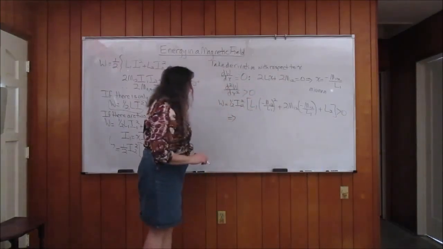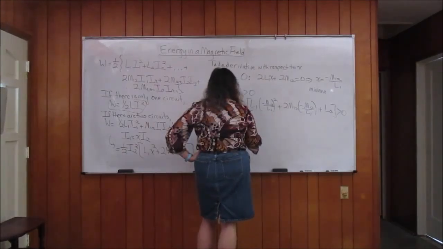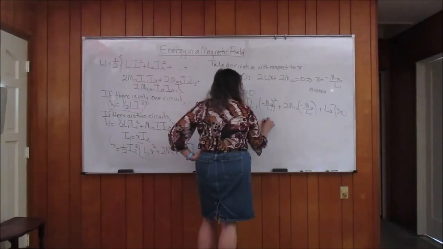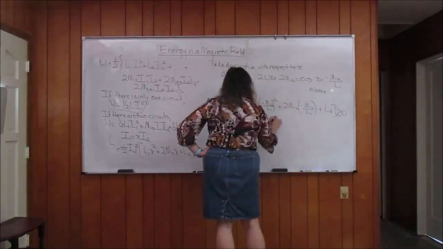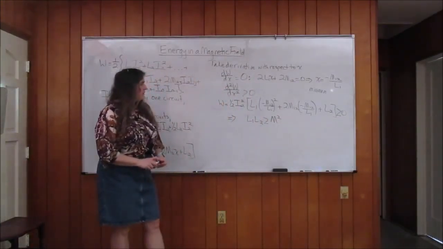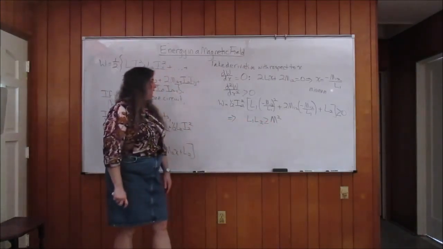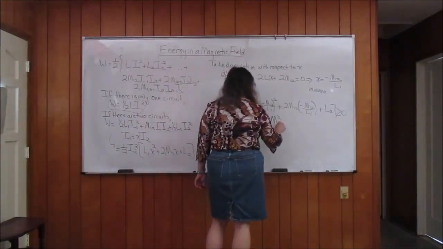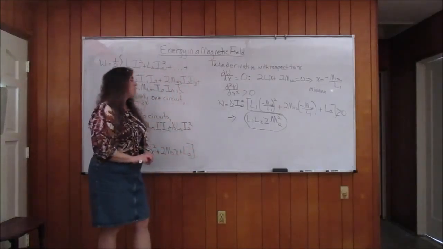Doing the math here, we see that the product of the self-inductances is always going to be greater than or equal to the mutual inductance squared between those two circuits.